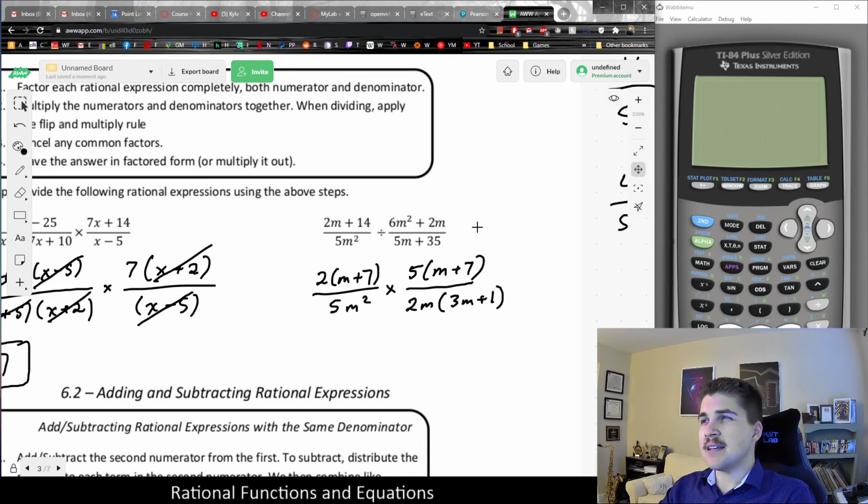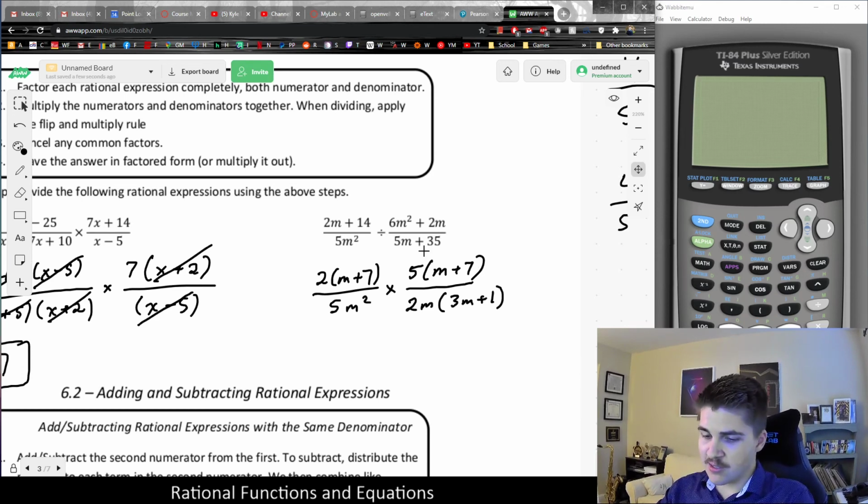And in this case, again, now that everything has been flipped and factored, I could look for common factors. And actually, you might notice the m plus 7 on here, but this is where an easy mistake happens, because notice that m plus 7 is a common factor here and here, but they will not cancel because both of those m plus 7s will be in the numerator. So cross-canceling only works if one is on top and one is on bottom. Here, they will not cancel.